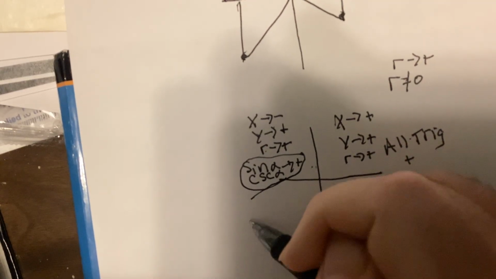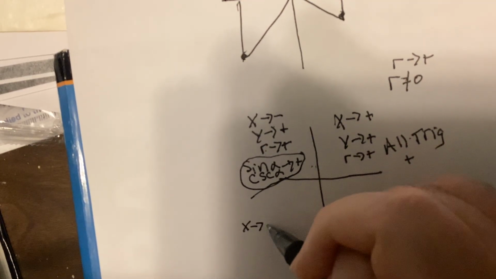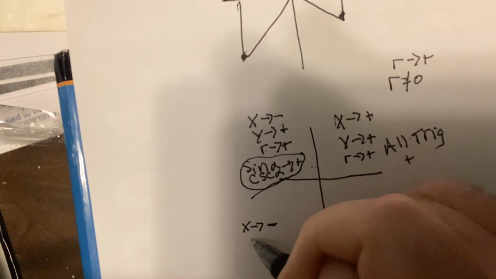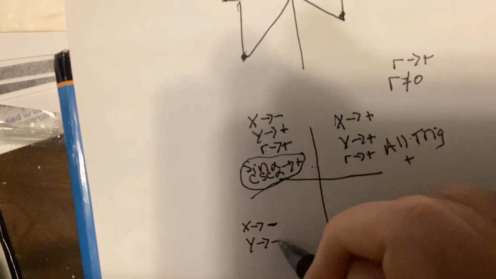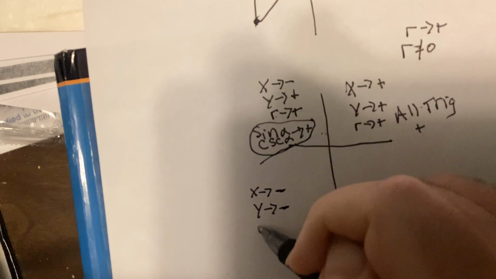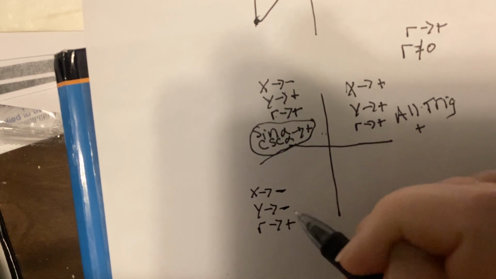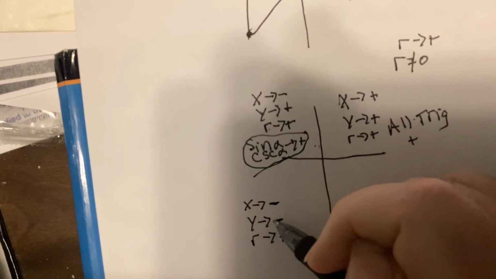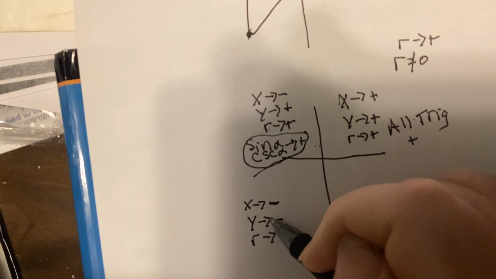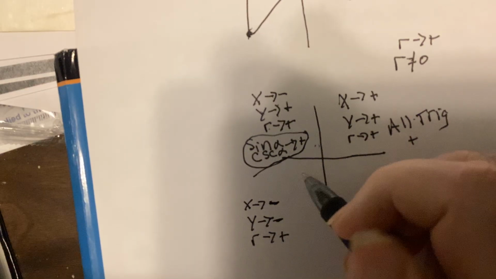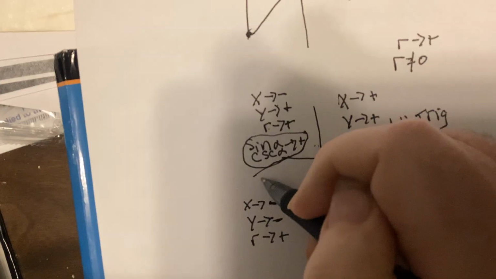So in the third quadrant, x is negative, y is negative, but r is positive. So the only thing that could be positive is the ones that have both x and y, and that would be tangent and cotangent.